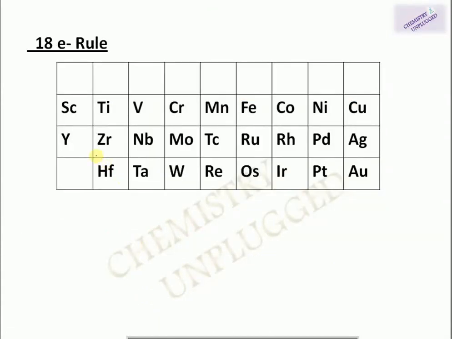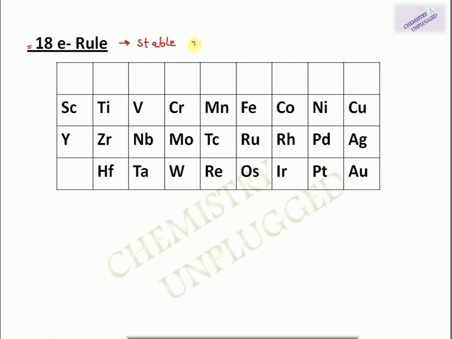So, the 18 electron rule. What does the 18 electron rule say? It says that organometallic compounds or transition metal complexes having 18 electrons are stable in nature. It defines the stability of organometallic complexes. Why are we taking 18 only?